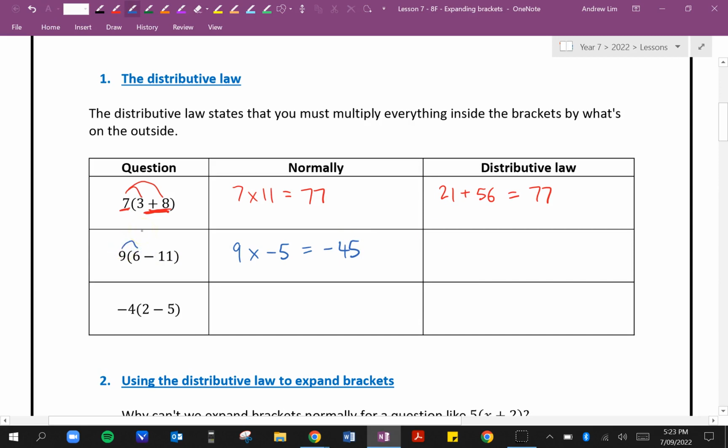So 9 times 6 is 54. 9 times 11 is 99. And then this is a positive number times a negative number gives us a negative answer. And 54 minus 99 gives us negative 45. We get the same answer.